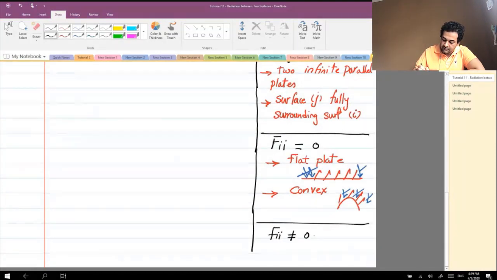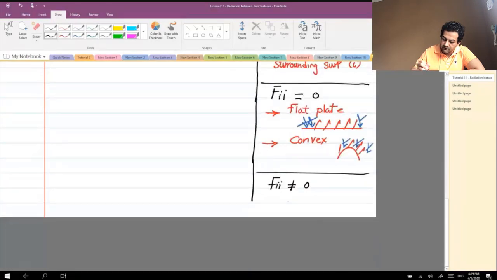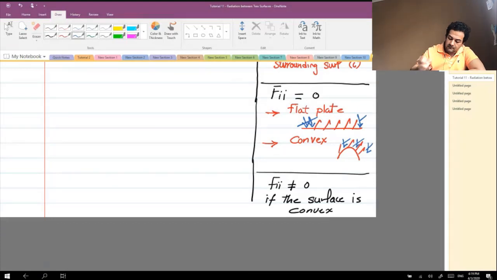Fii is not equal to 0 if the surface is concave, because if part of this surface emits some heat, it is going to be returned back here, and it might be reflected to the same surface, alright?